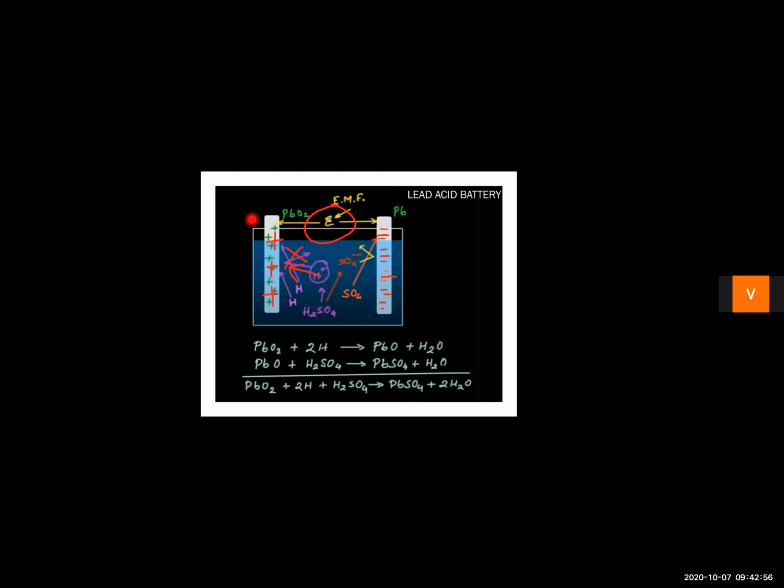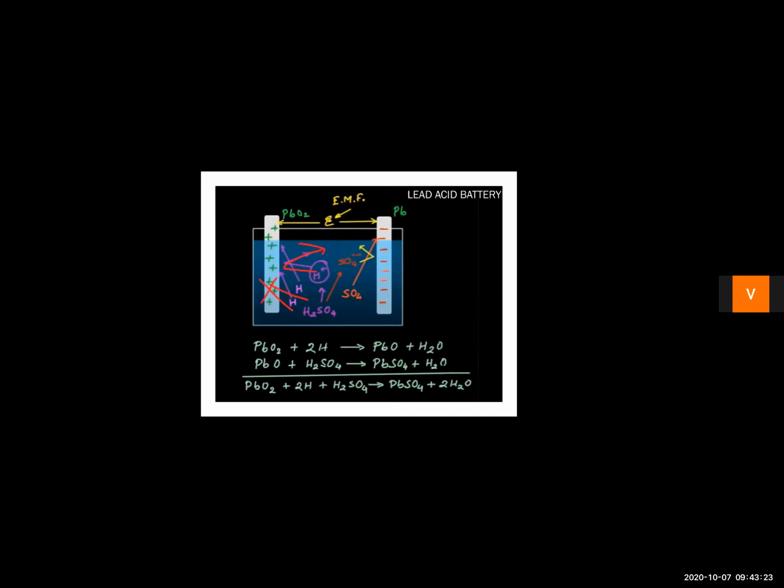Why? Because the PbO2 plate is now positively charged, and H plus ions are also positively charged. So because of the electrostatic repulsive force between them, the H plus ions are no longer able to move towards this plate.